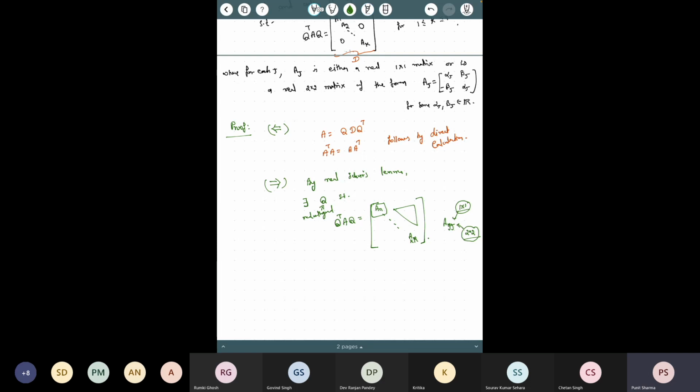Therefore, without loss of generality, you can assume that the 1 cross 1 blocks, corresponding to real eigenvalues, appear first, and the 2 cross 2 blocks are at the bottom on the diagonal. So you can assume there exists a real orthogonal Q such that Q transpose AQ is of this form R, then A_01 to A_0k, then A_11 and so on up to A_kk.